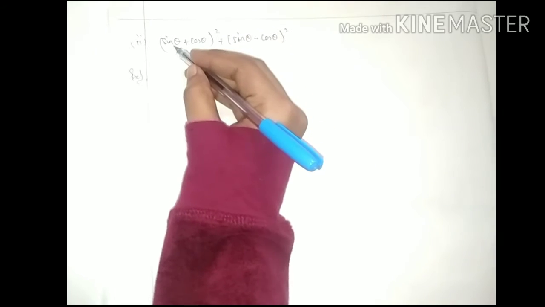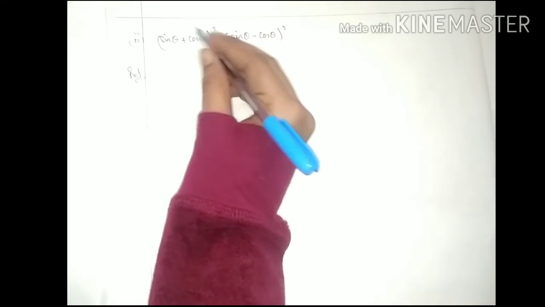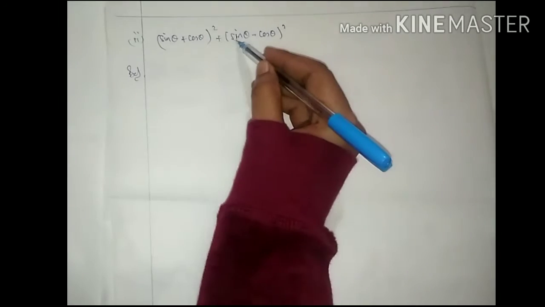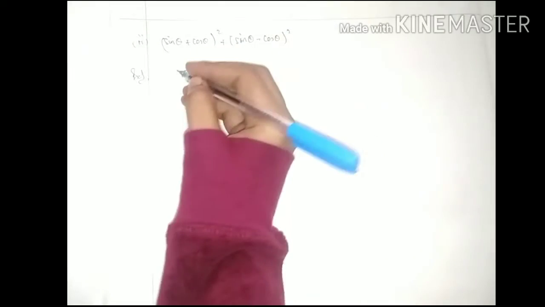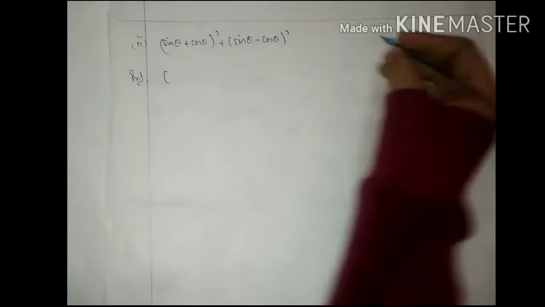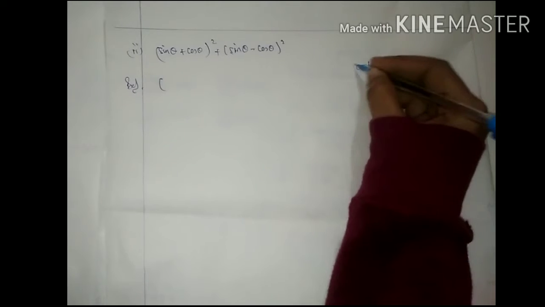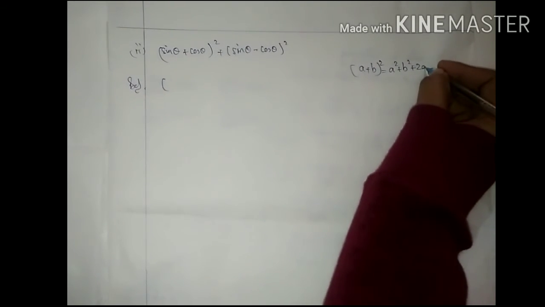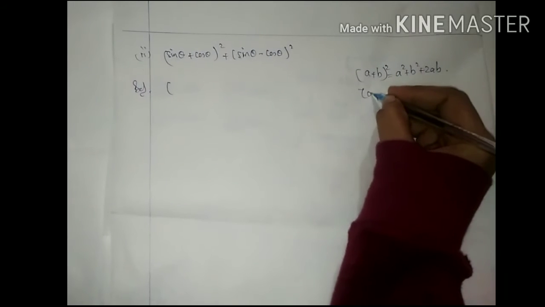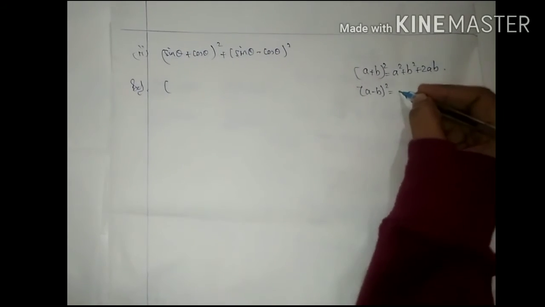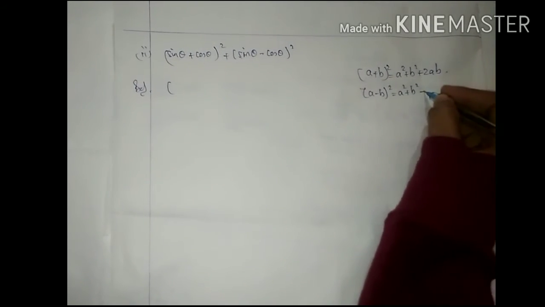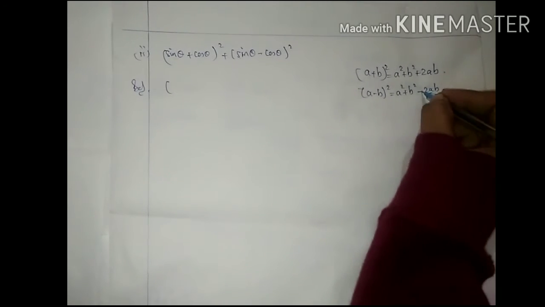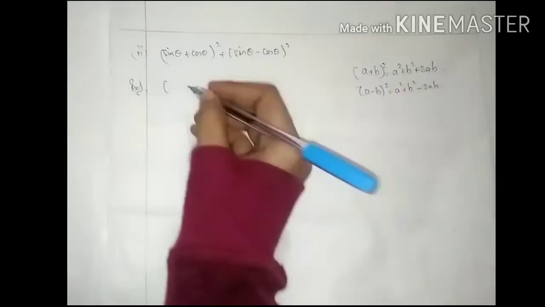The solution: here you can see it is in the form of a plus b whole square, and it is in the form of a minus b whole square. What we are going to do is, the a plus b whole square formula is a square plus b square plus 2ab. The a minus b whole square formula is a square plus b square minus 2ab. Here there is a plus or minus difference.